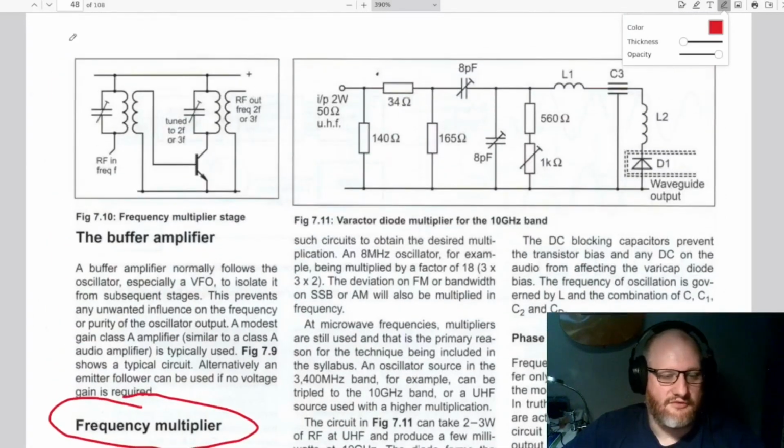We've got this one on the left, which I think is designed to work with an oscillator stage in a transmitter maybe, and we've got this tuned circuit on the input, and then the output of that tuned circuit is driving this transistor, which is deliberately being overdriven so that the output is distorted.